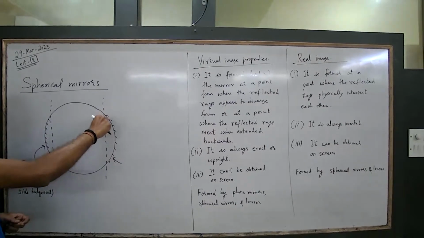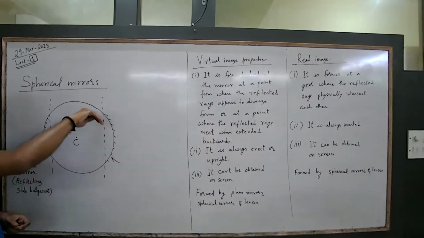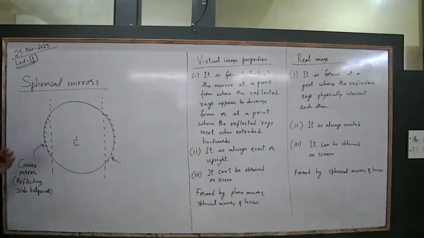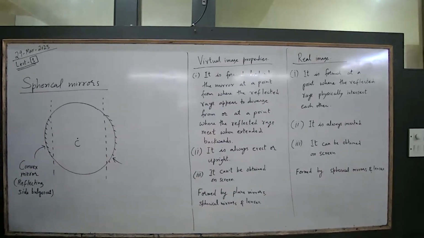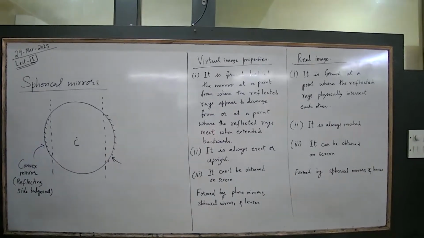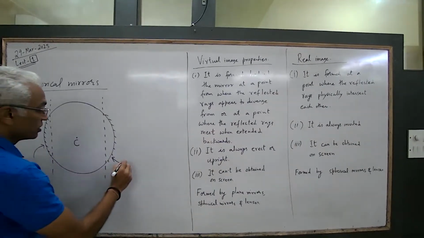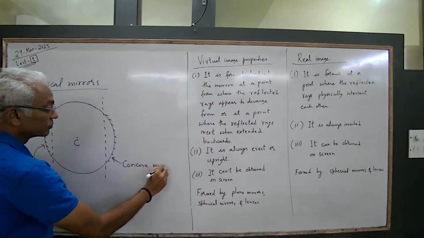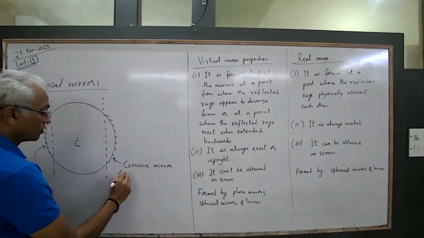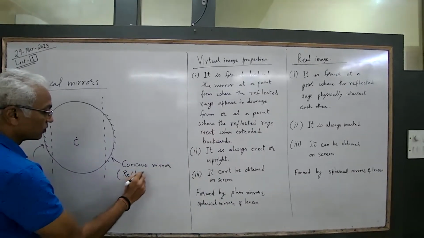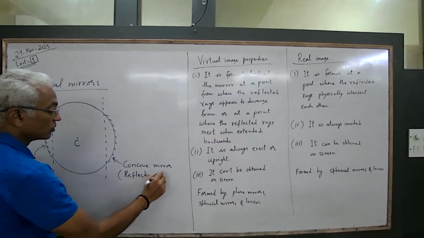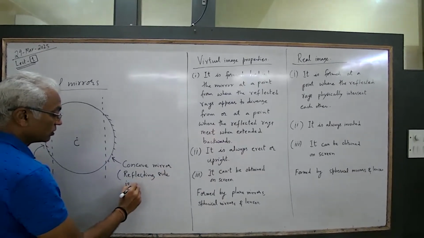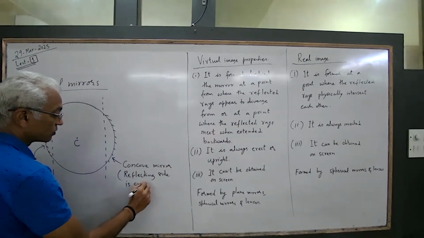Here the reflecting side is curved inwards, like a spoon. So the base of the spoon is convex and the front of the spoon is concave. So in this case, this is a concave mirror. The reflecting side is curved or bent inwards.